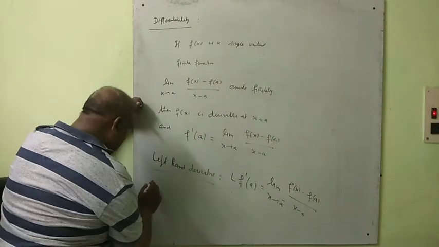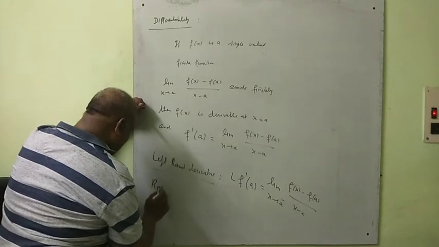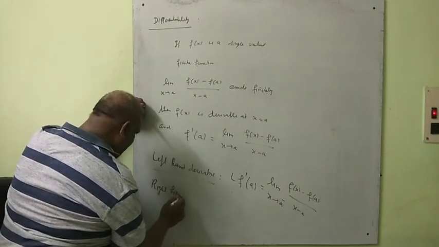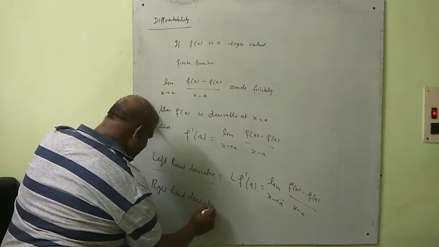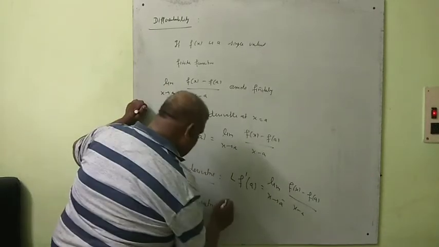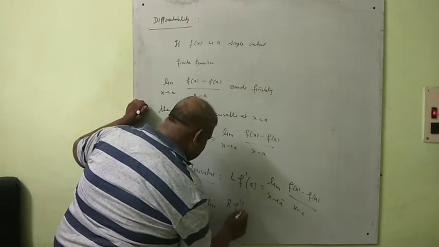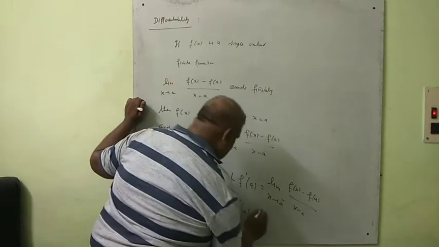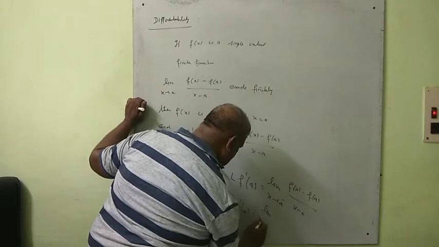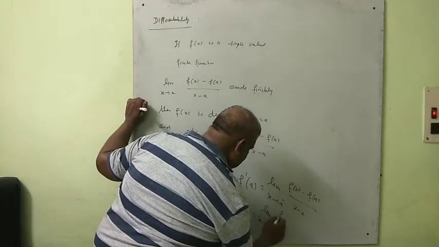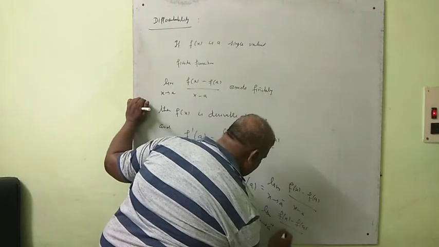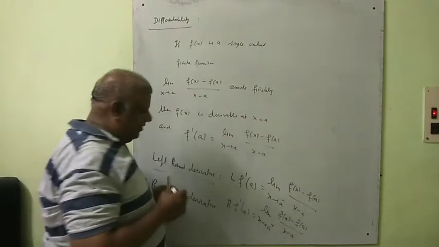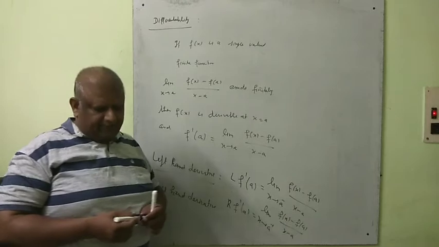Similarly, right hand derivative, it is R of f dash a. It is the limit as x tends to a plus, from the right side of a, of (f(x) minus f(a)) upon (x minus a).